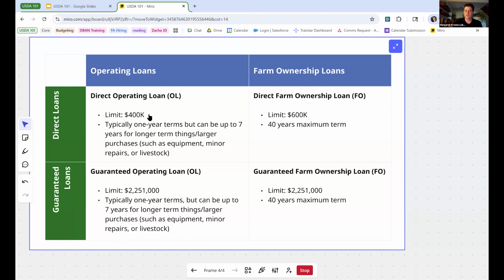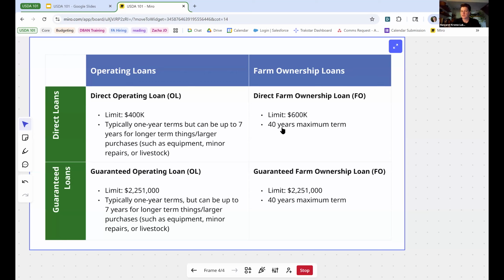So if your need is greater than the loan limit that you can get directly from FSA, your next step is probably to go to a guaranteed lender. Operating loans, they're typically 1 year. They're often annual operating loans, but they can be up to 7 years if you are getting longer term things. And then farm ownership loans, that's going to be more like something like a land purchase.